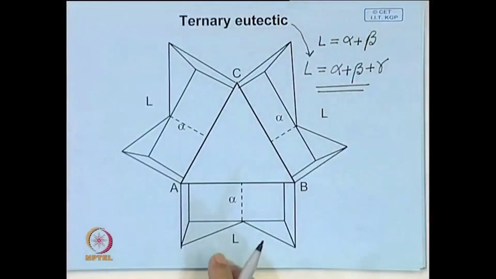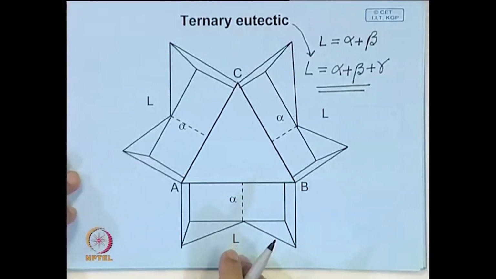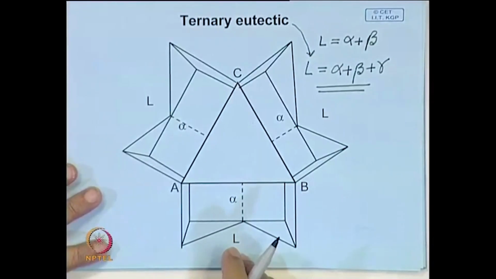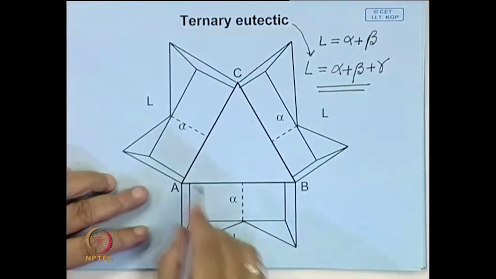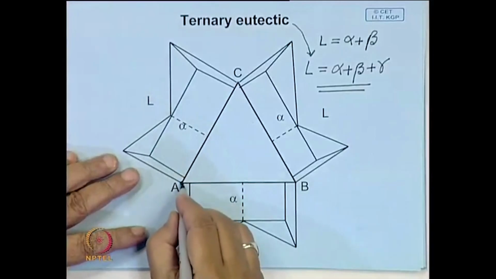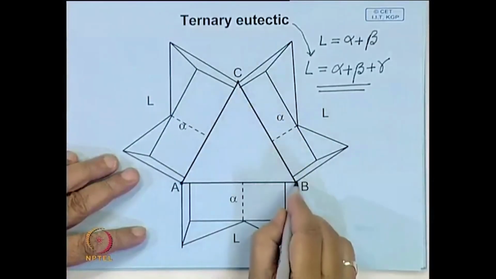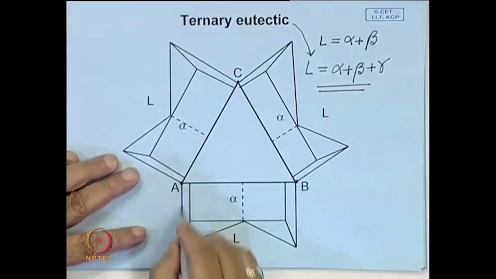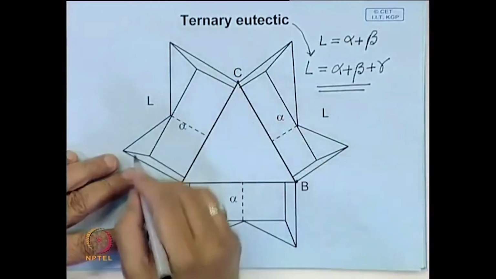Now, let us see how we construct a ternary eutectic diagram. Let us take up a case where each of these binaries is a simple binary eutectic.